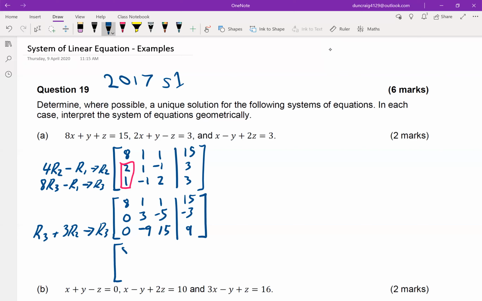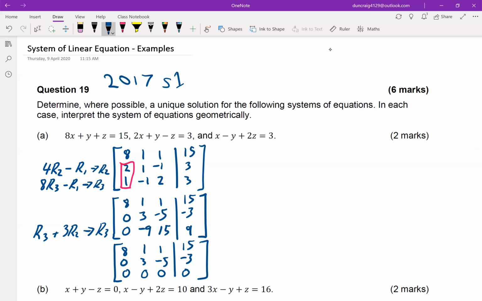And what are we going to get here? We're going to get 8, 1, 1, 15, 0, 3, minus 5, minus 3. And, well, minus 9 plus 9 is 0. 15 plus negative 15 is 0. Yep, and that's going to be 0 as well.